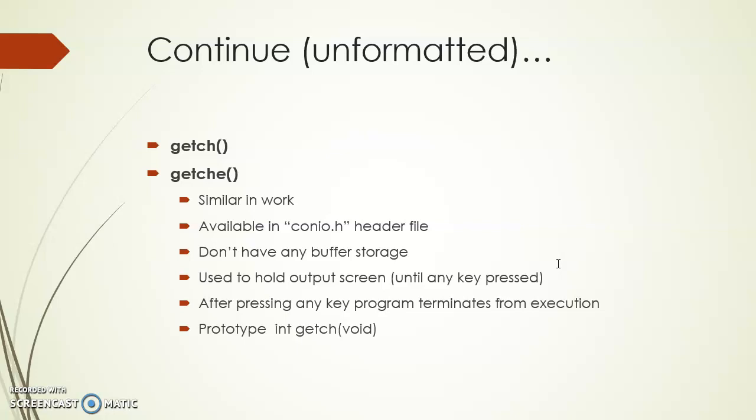Both of these functions read a single character like getchar from the keyboard, but as they don't have any buffer storage, the entire character is immediately returned without waiting for the enter key, and at the same time the program also terminates from execution. Here we see one example.